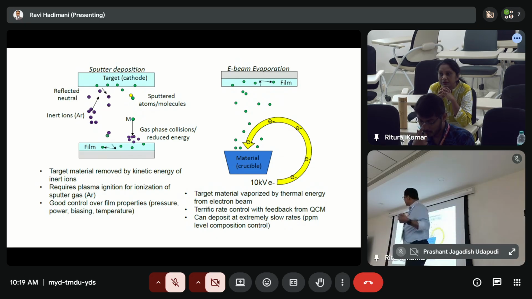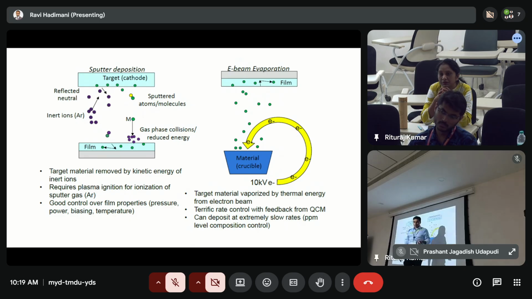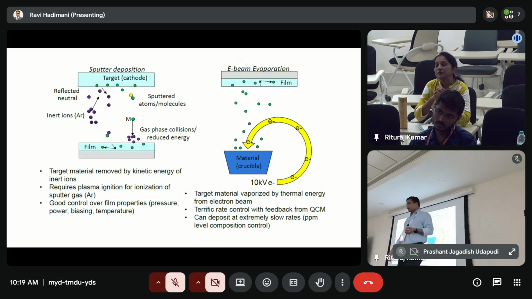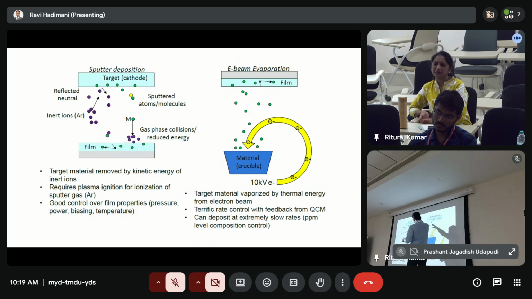When you knock off these atoms, they fly off, and right in the path you put the substrate that you want to deposit on. So the particles come and deposit on the substrate. That is sputtering deposition.